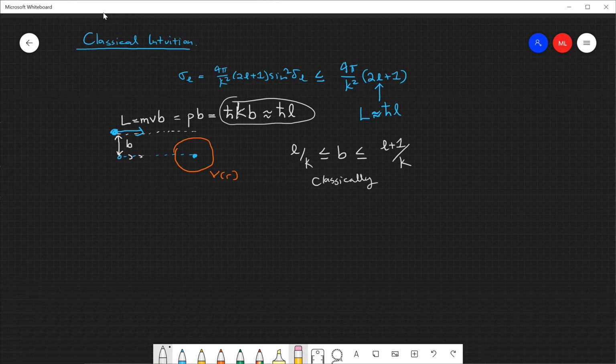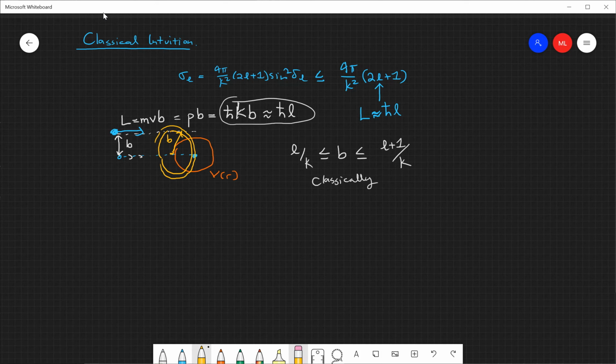Remember that for a range of B's, the impact parameter, what the particle sees as it approaches a target, say like a hard sphere or something, it'll see a kind of ring on the target that's of radius B. That's the amount of the target that it sees at a given impact parameter.